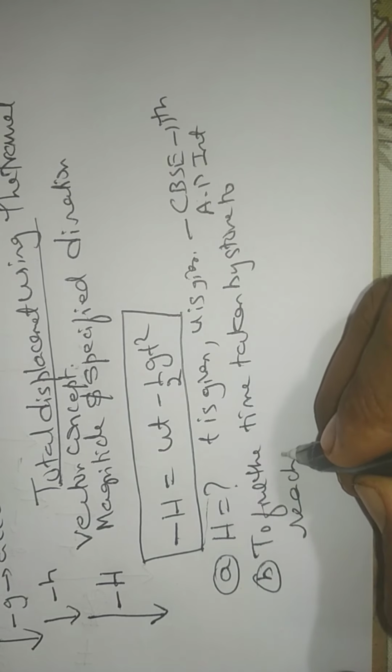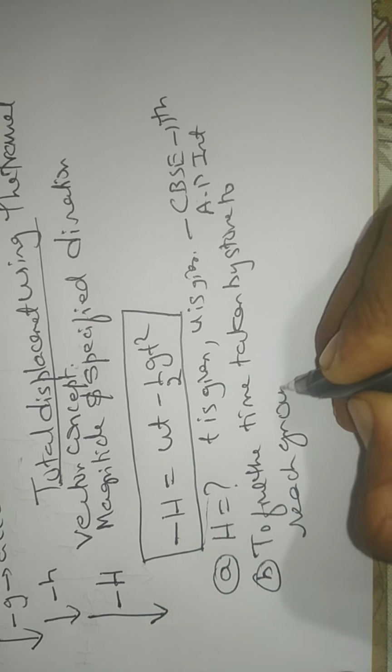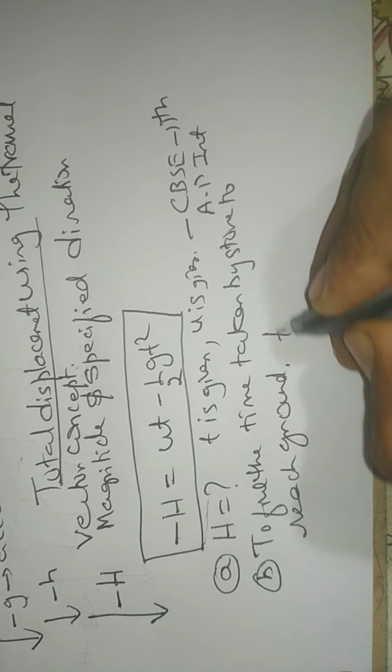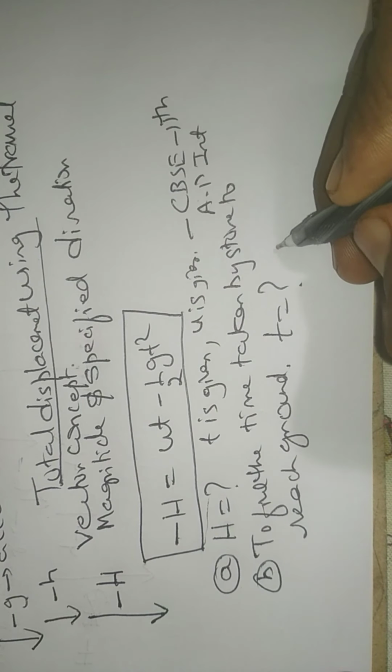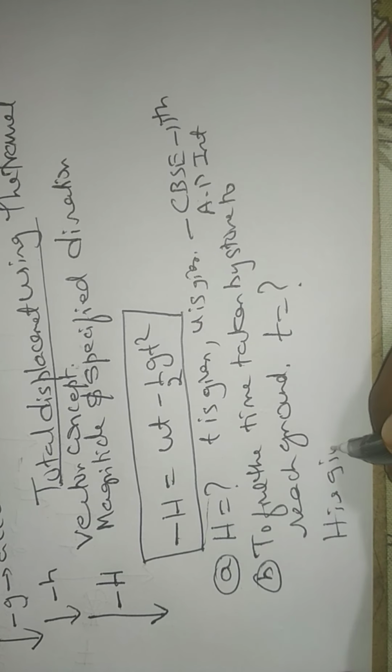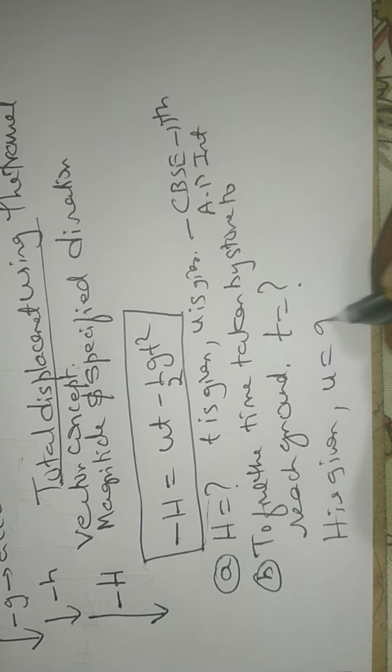This is what they will ask you. So to find small t when capital H is given and U, the velocity of projection, is given. This is the model of question they will ask you.